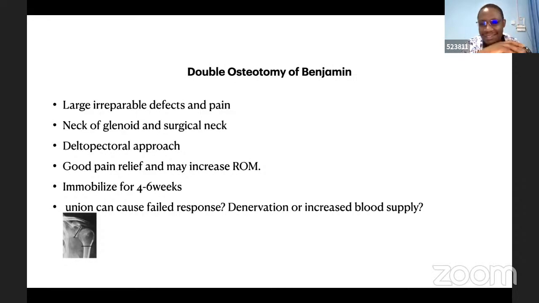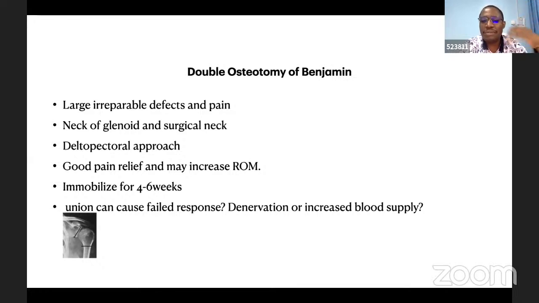Floating, yes, although that's not the real definition of a floating shoulder, because for floating shoulder we usually talk of the clavicle. But in this case, you look at the glenohumeral joint as floating: you cause a fracture in the metaphyseal region of the humerus, just at the surgical neck, and you cause another fracture around the glenoid neck.